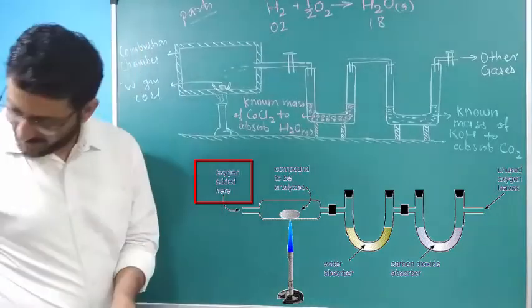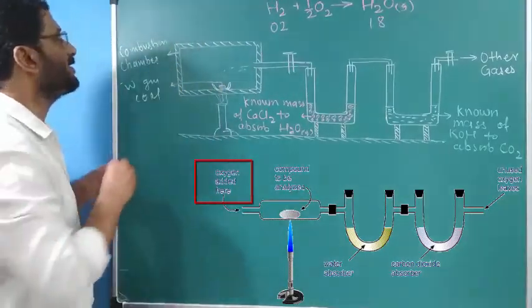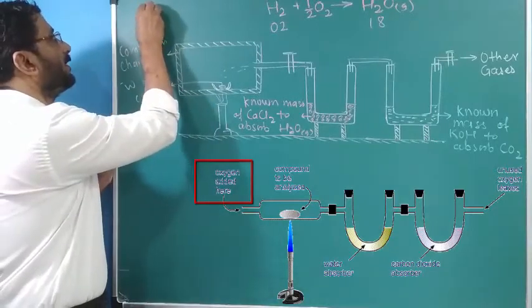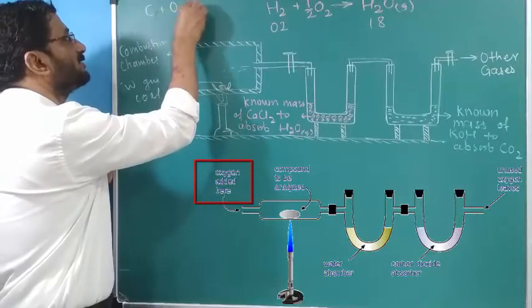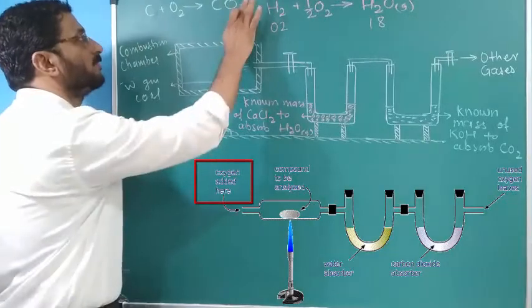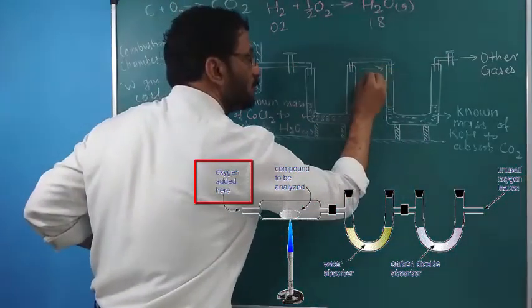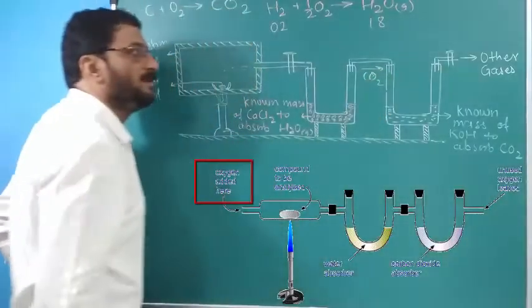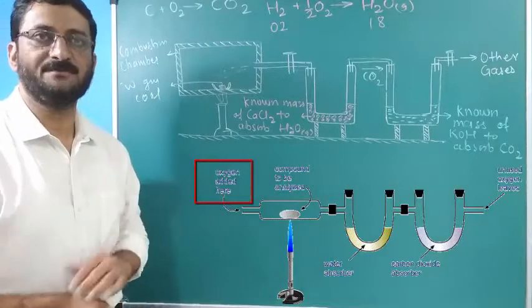the carbon present in the W gram of coal, on combustion, undergoes oxidation and forms carbon dioxide, CO2. This CO2 is allowed to pass through the second U tube containing a known amount of KOH.